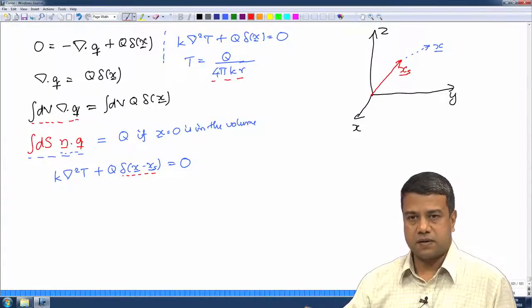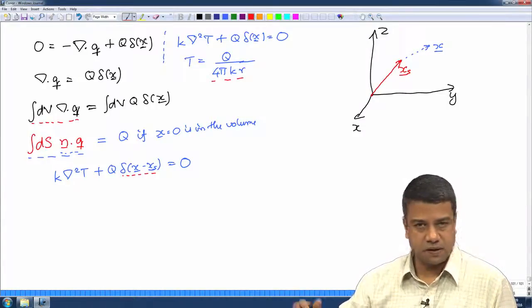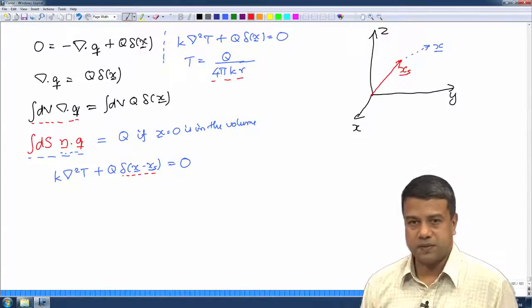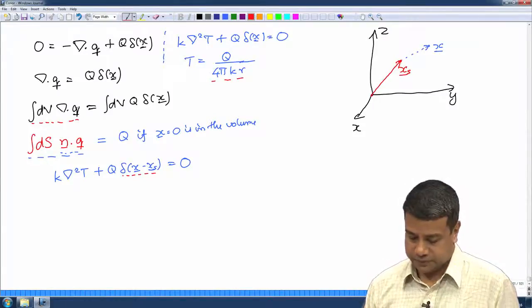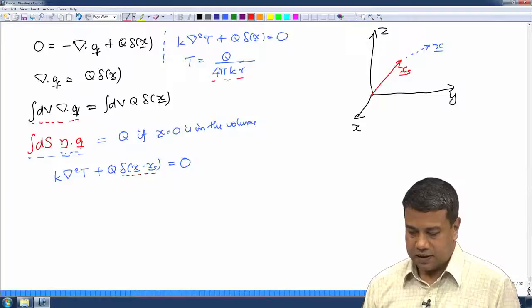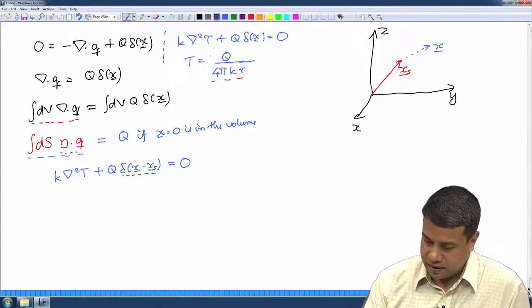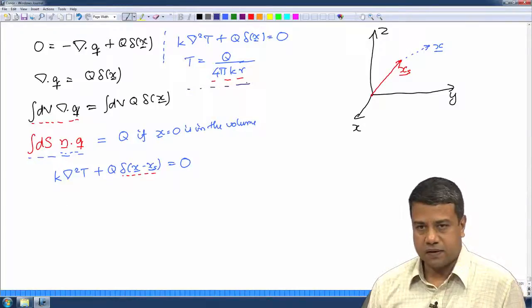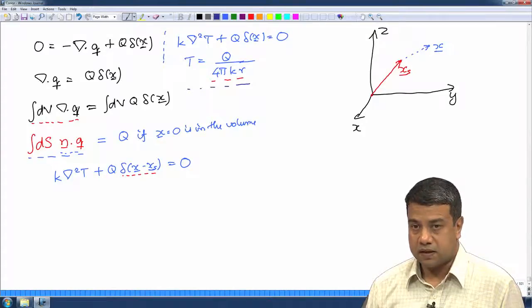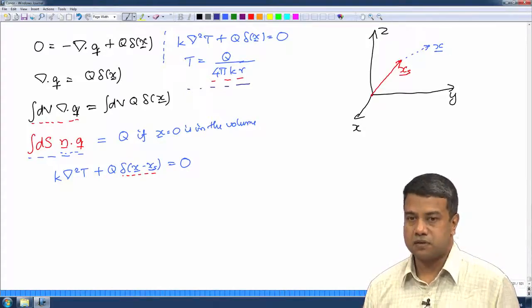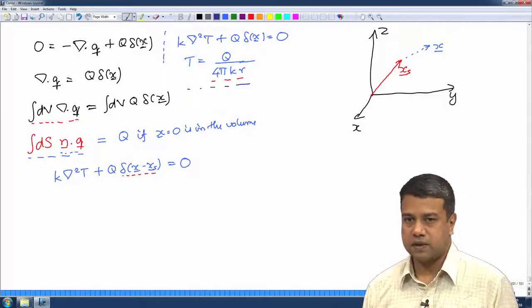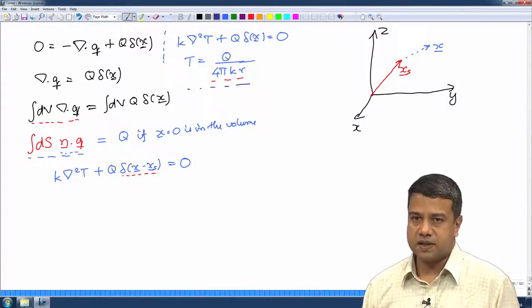So, if I were to take the source point at the location x s rather than location 0, then this would be the heat conduction equation. And for that, the temperature field is going to be exactly the same that I have derived here, except that r is now the distance between the source point and the observation point. In the previous case, the source point was at the origin, so r was just the distance from the origin.